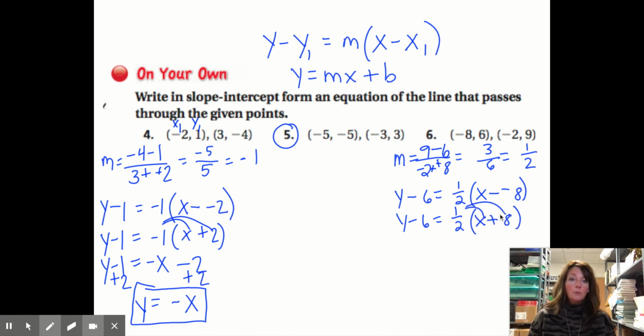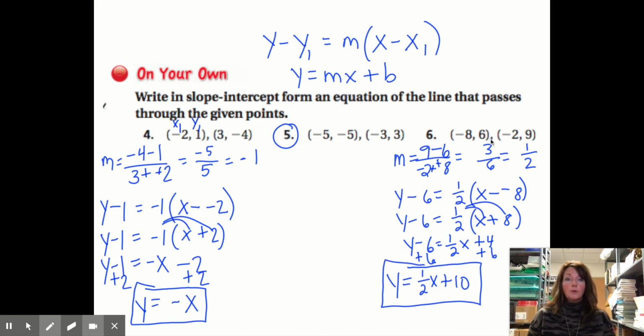Now I'm ready to distribute. Y minus 6 is equal to 1/2 of x, and then half of 8 is 4, and then I'll add 6. So I'll get the slope intercept form of 1/2 of x plus 10.